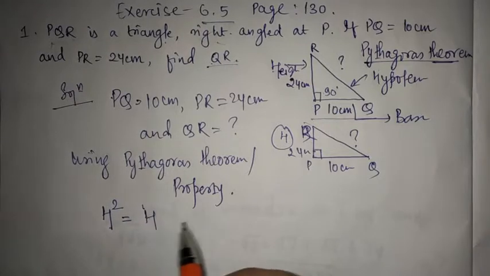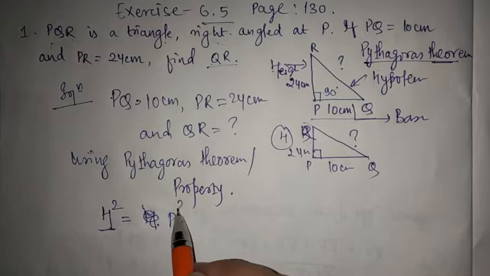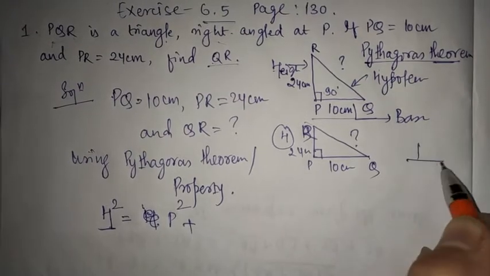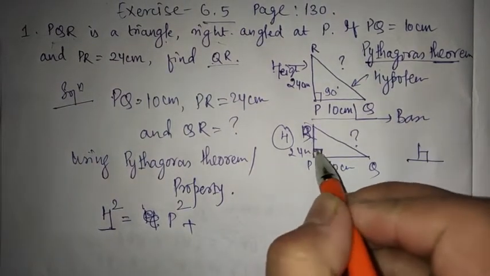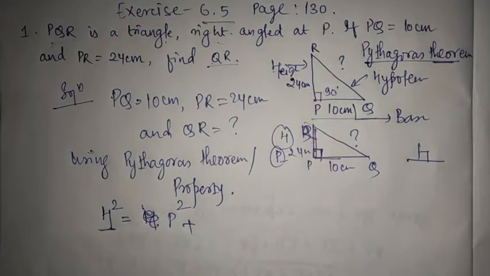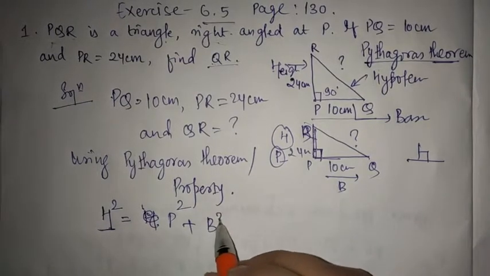Height. We are not going to write h because we have already used h for hypotenuse, so we are going to use p, because p is also considered as altitude or perpendicular or height, wherever they are making 90 degrees. Just see, this is making 90 degrees, no? So we can consider this as p, that is perpendicular. This side is considered as base, so we will consider this as b square.